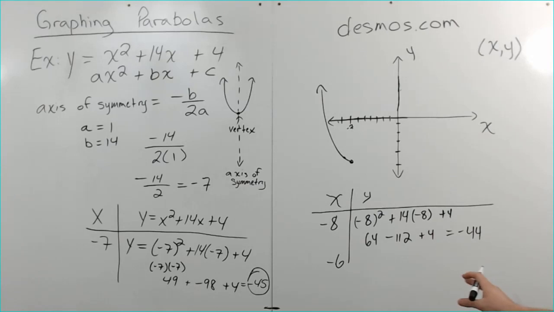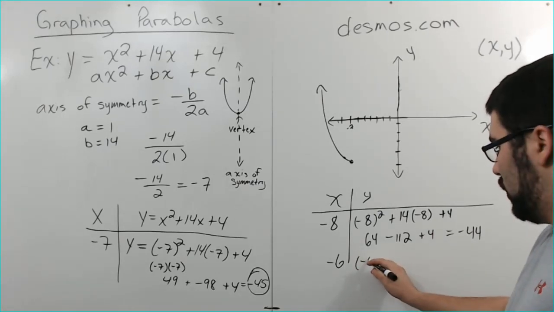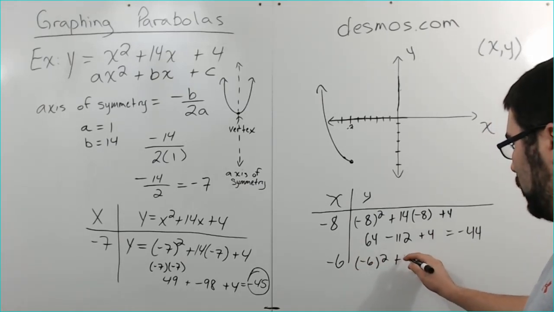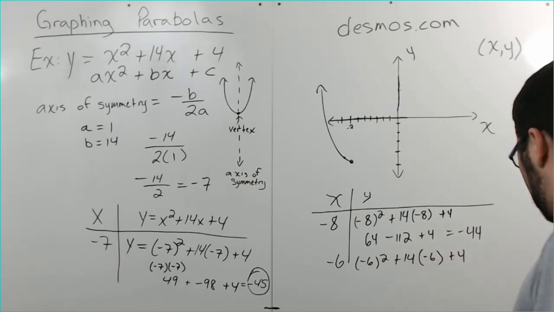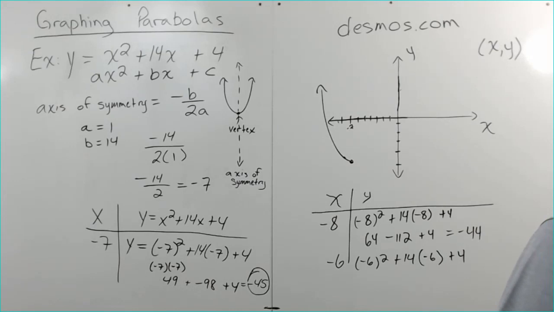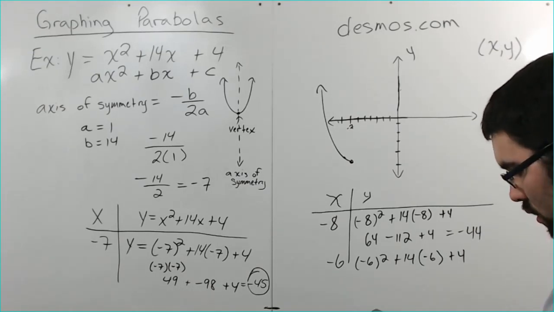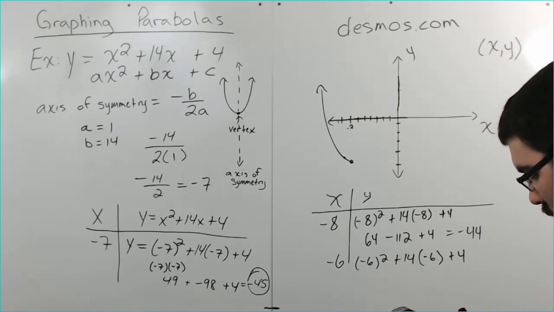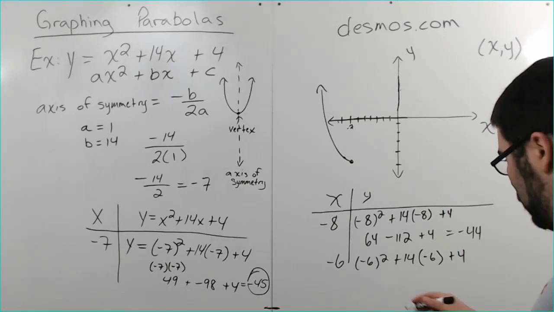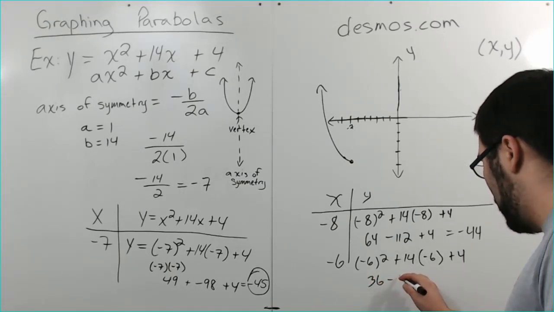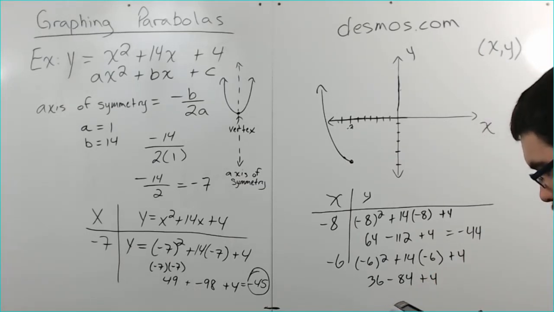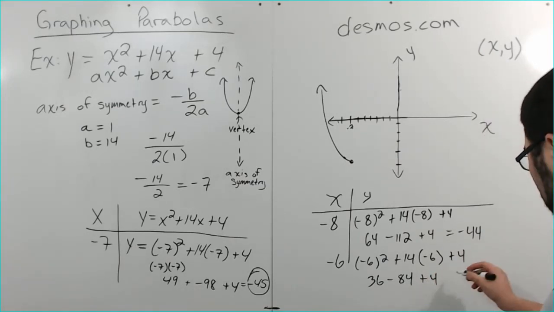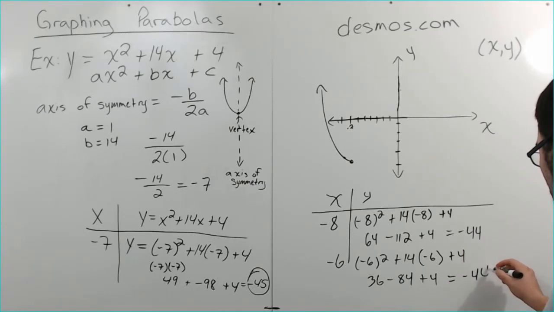Now you can work this out. You'll get negative 6 squared plus 14 times negative 6 plus 4. And if you work that out, you wind up with 36 minus 84 plus 4, which is negative 44 all over again.